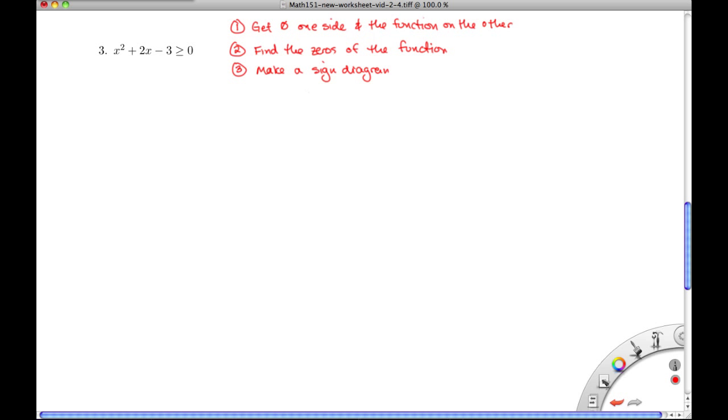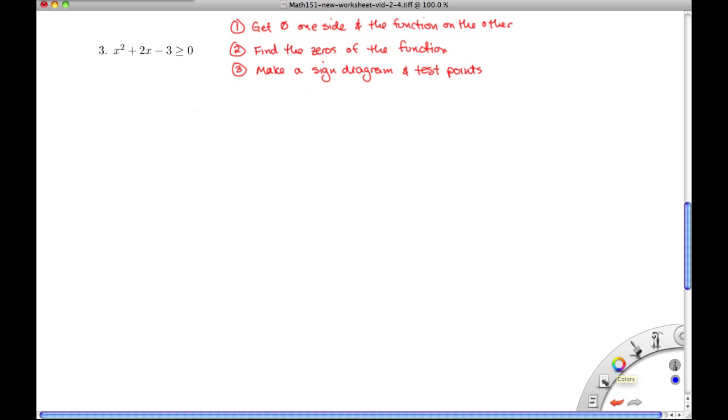And from this sign diagram, we're going to be able to evaluate our inequality by testing points. So we make a sign diagram and test points. You've probably done this in class, but we'll go ahead and outline how we do that. All right, so we're going to go ahead and use this method to solve this first inequality here.